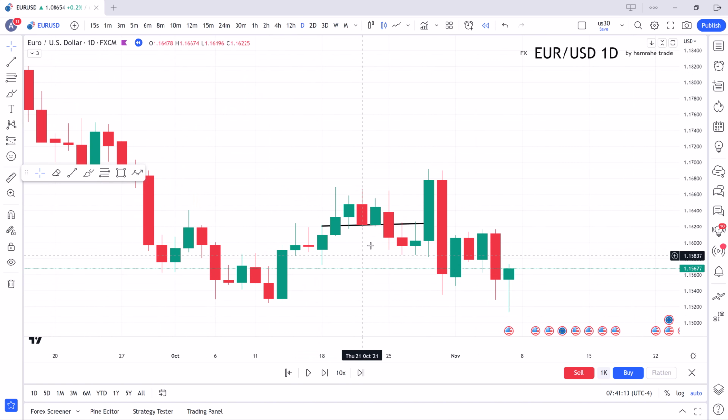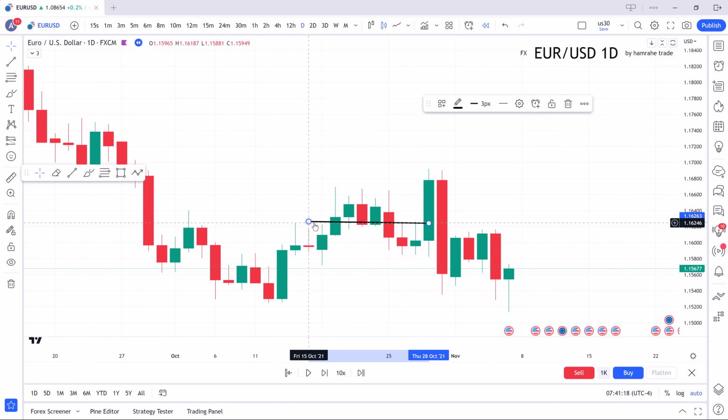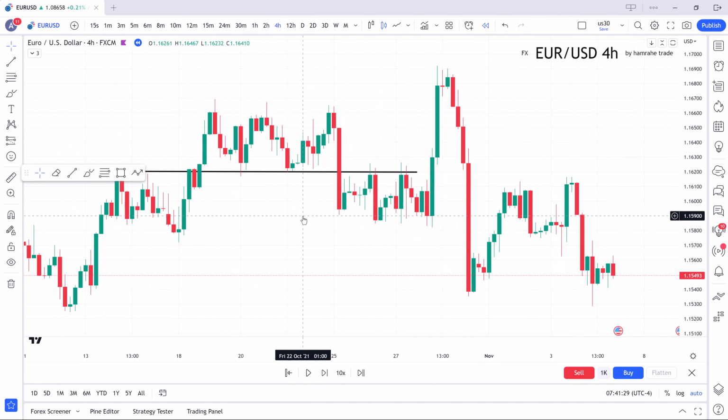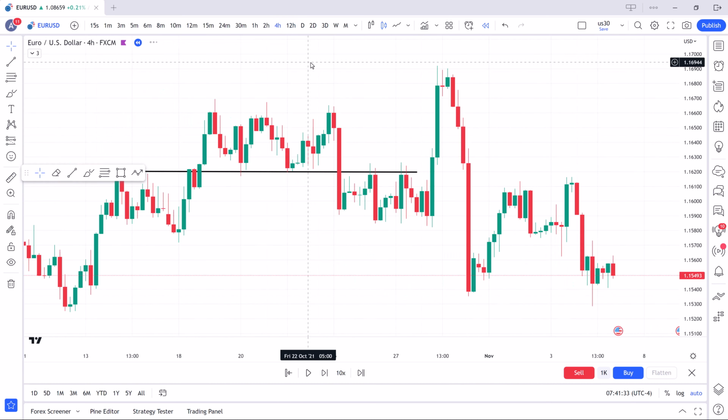We go to daily, it is not a good visible line here. I said that it should be visible and it should be beautiful. We can see that here. For 4 hour, it is for 4 hour. Is it for higher time frames? No, it is for 4 hour.